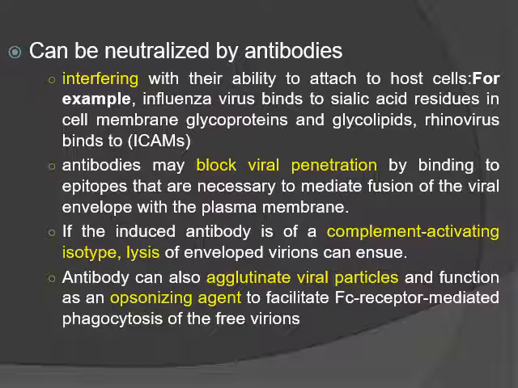Neutralizing antibody, especially at the site of infection, as well as circulating antibody that fosters opsonization, complement activation, and phagocytosis, protects the host by blocking or eliminating virus in the extracellular space.